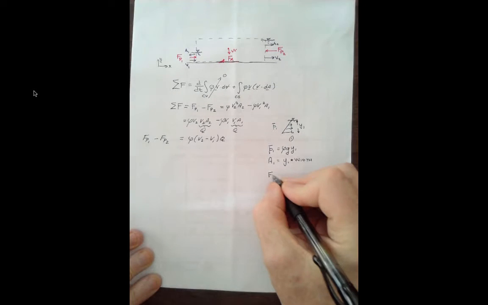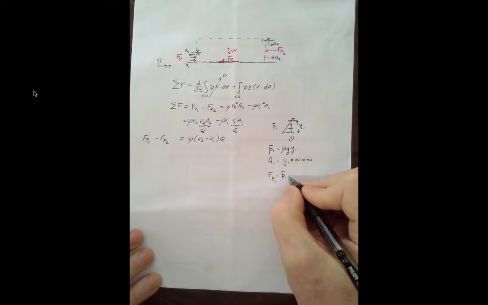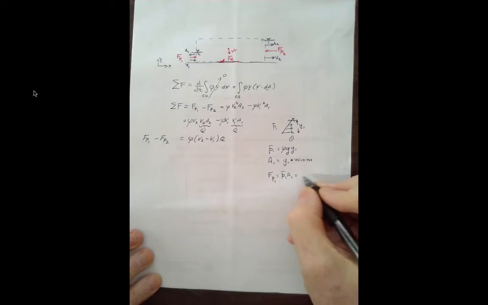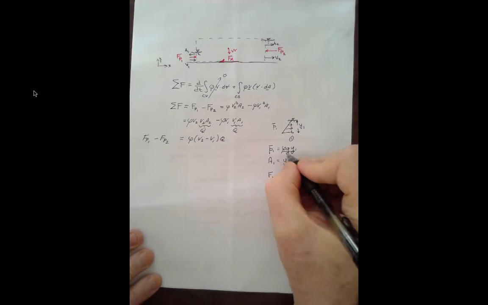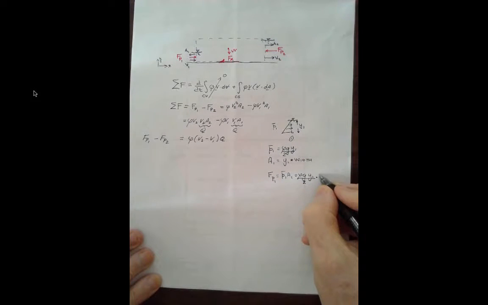Therefore, force pressure 1 is P1 bar A1, which would be rho g y1, it has to be over 2, times y1 times the width.